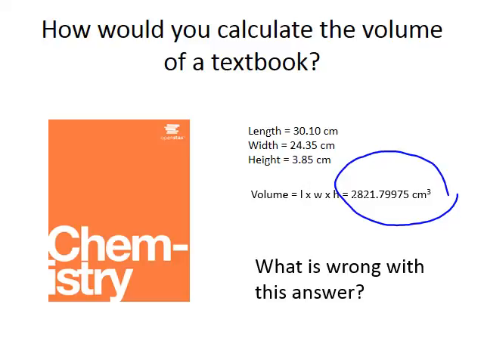But your answer, with all of those digits reported, suggests that you know the final volume of the book with much greater certainty than you know any of the measurements that were used to calculate that volume. If your measurements indicate that you only know with certainty 2 or 3 digits, then you can't imply that you know with certainty 8 digits in your final result.